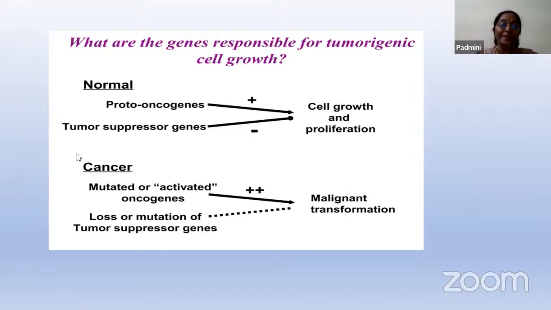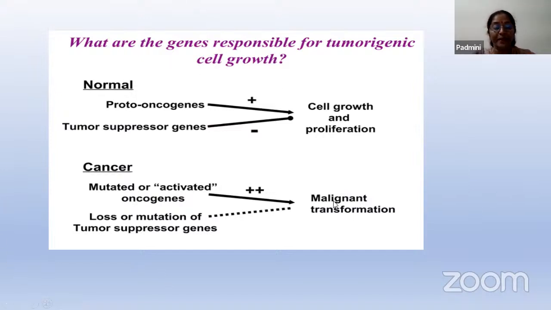Now, what is happening in the cancer cell? In the cancer cell, the proto-oncogene is mutated or highly activated, which becomes an oncogene. So proto is removed, and it becomes an oncogene. Once the proto-oncogene is activated, it turns into an oncogene, which leads to malignant transformation, as you can see in this picture.